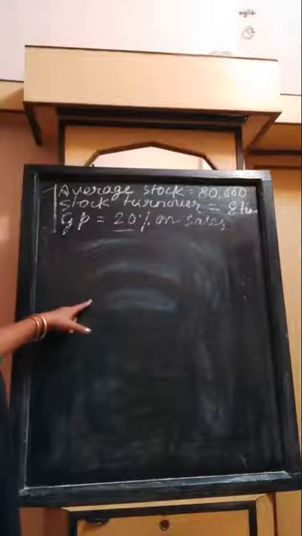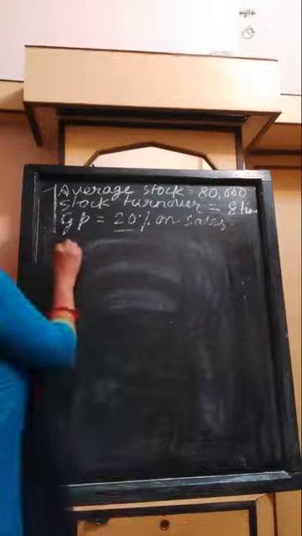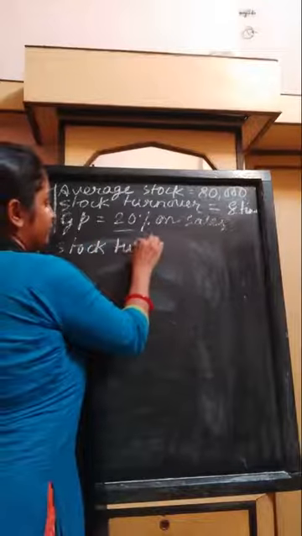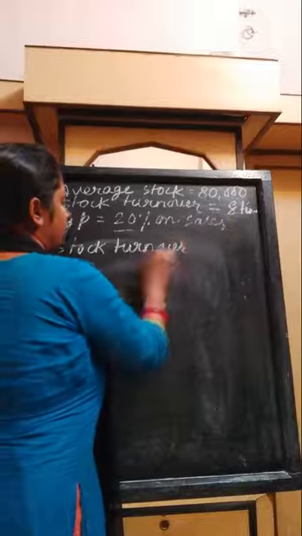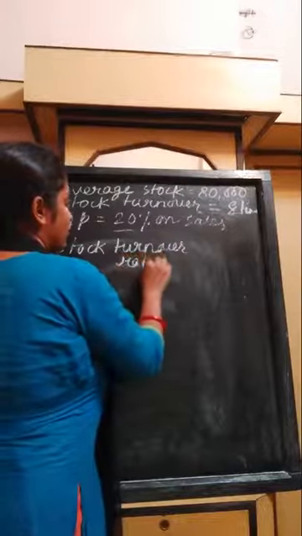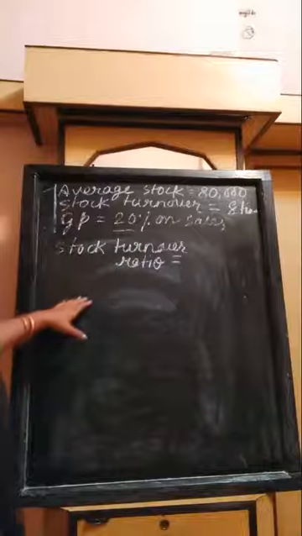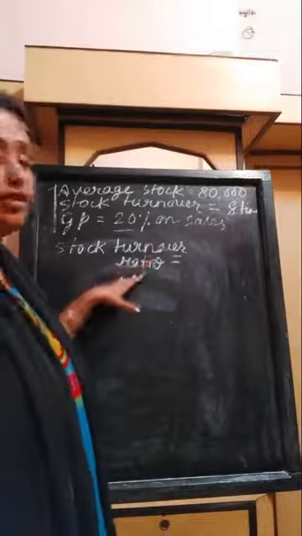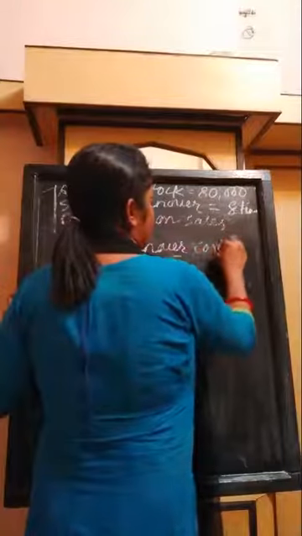Please pay attention. First of all, stock turnover ratio is given to you, and what is the formula of stock turnover ratio? As I have taught you earlier, the formula of stock turnover ratio is cost of goods sold divided by average stock.